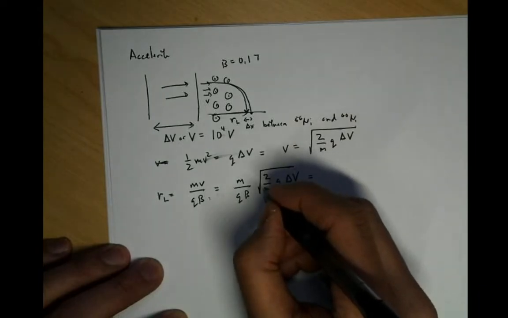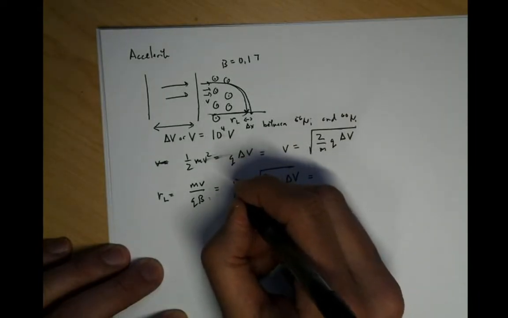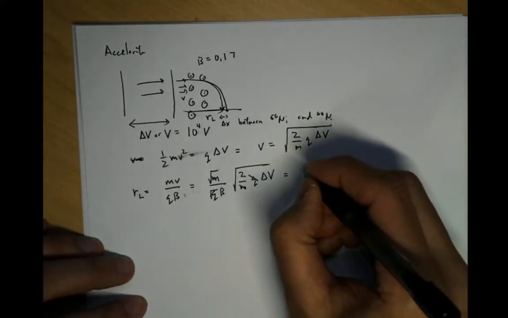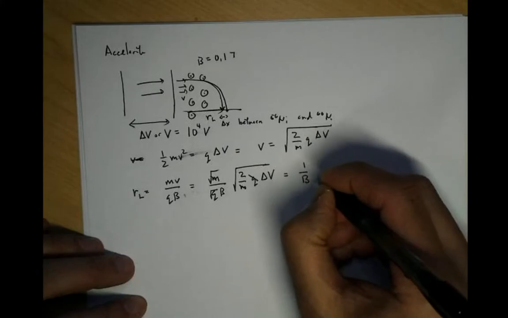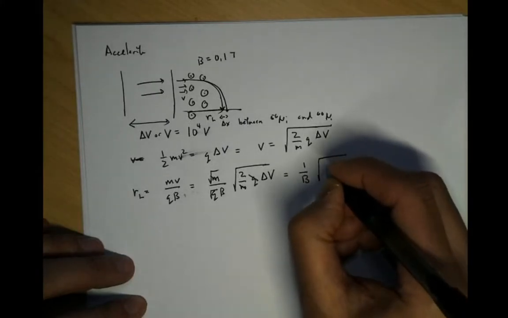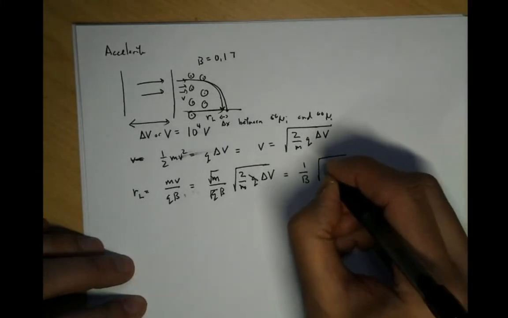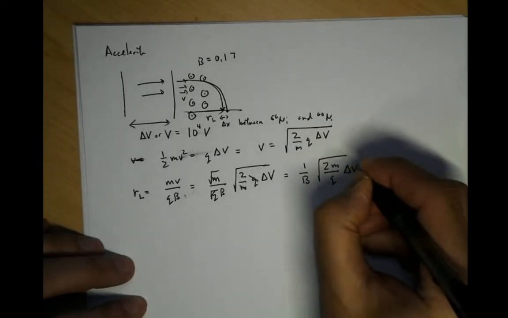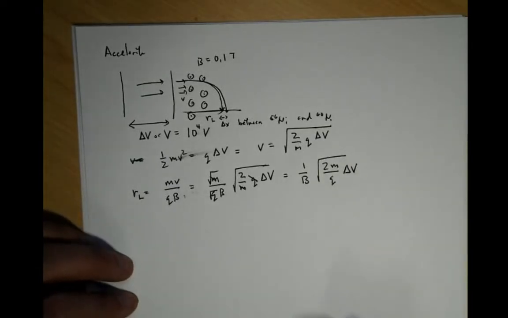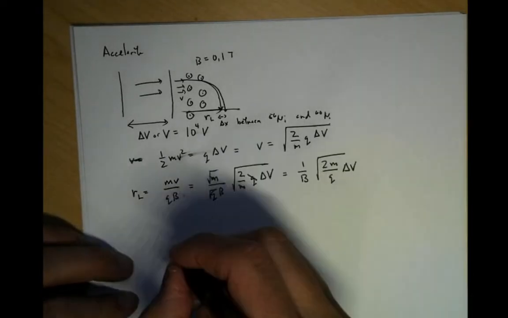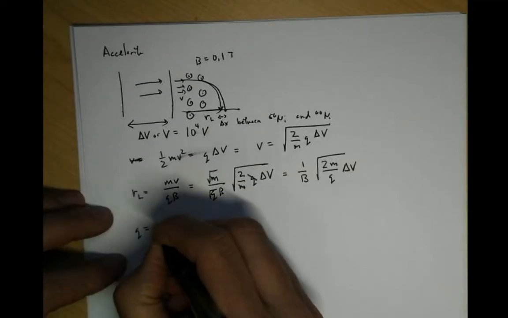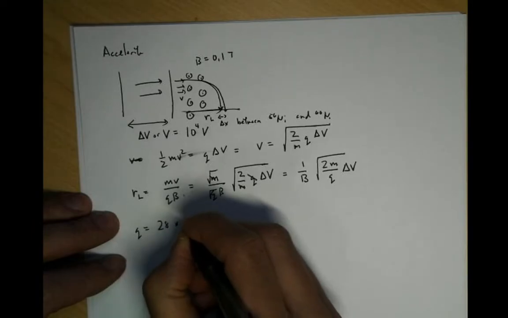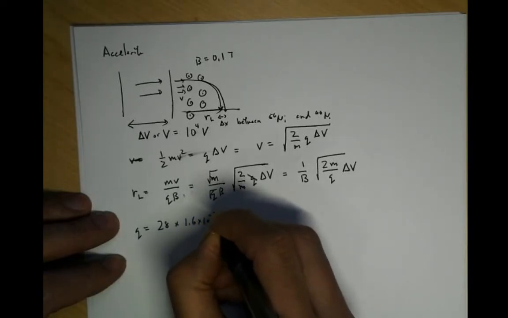Let's simplify this a little bit. This kills off that, because that's a square root. This makes this a square root. So let's write this down very simply. This is 1 over B times the square root of 2m over q delta V. Now I'm going to write q is equal to 28 times 1.6 times 10 to the minus 27.